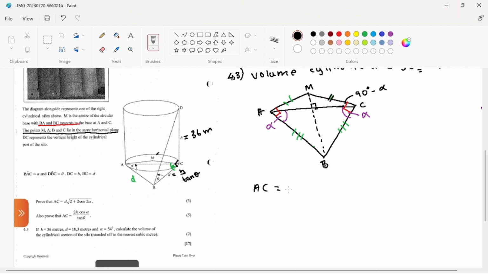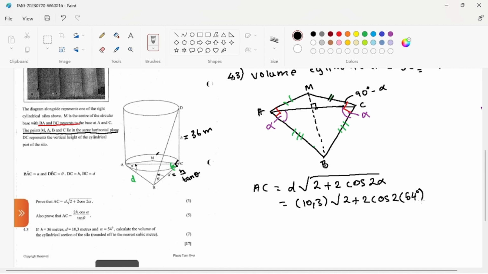AC is equal to D times the square root of 2 plus 2 cos 2 alpha, and we are given D, right? They said it is 10,3 meters. So 2 plus 2 cos 2, and our alpha was 54 degrees.